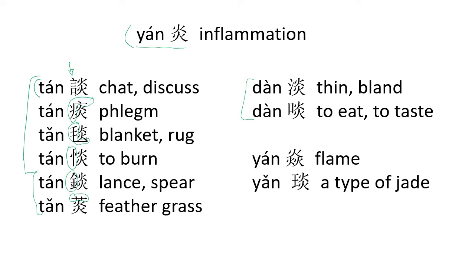So you've got dan, which is with the water radical, it means something that is thin or bland in taste. Or with the mouth radical, it means to eat or to taste. And here you have it with the original sound yan, with the fire on top, lots of flames means flame. And with this jade radical, then it's talking about a specific type of jade.